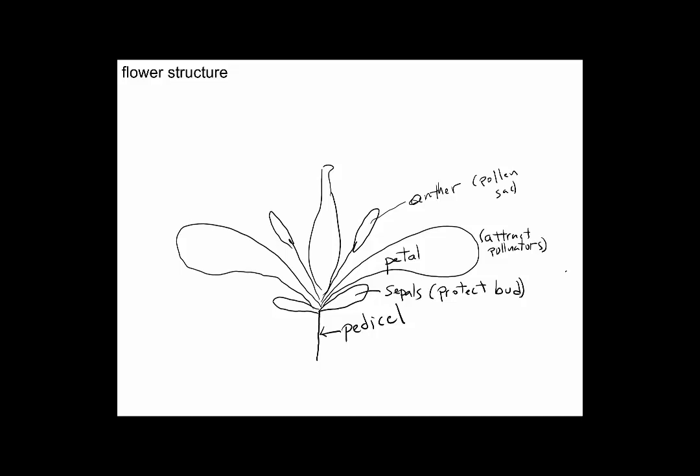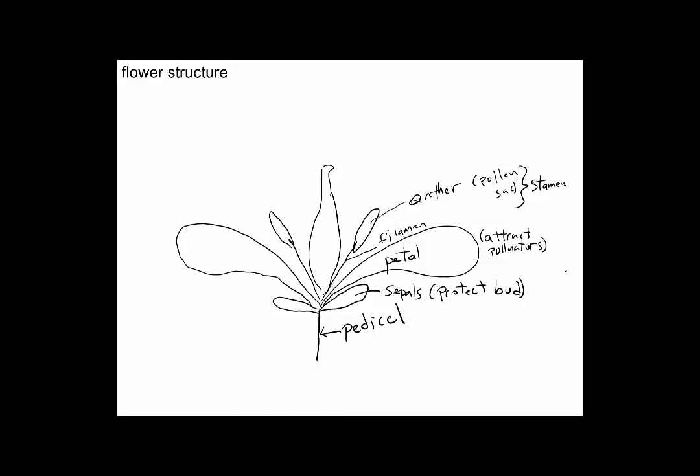And this little slender supporting structure is a filament. Together, those two parts are called a stamen. And that's the male part of the flower, or collectively all of them.